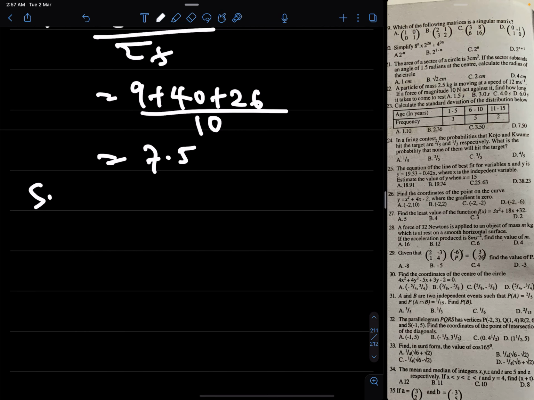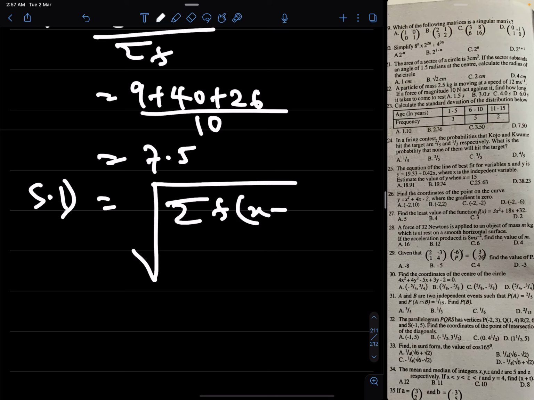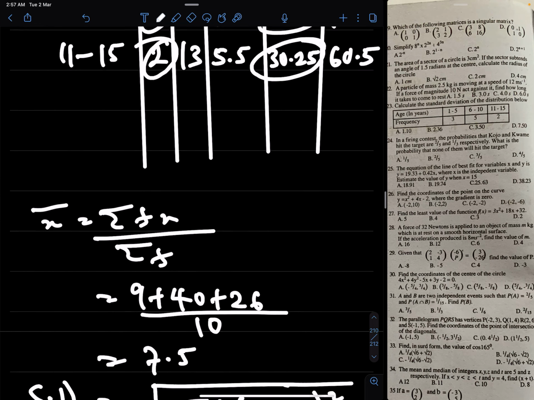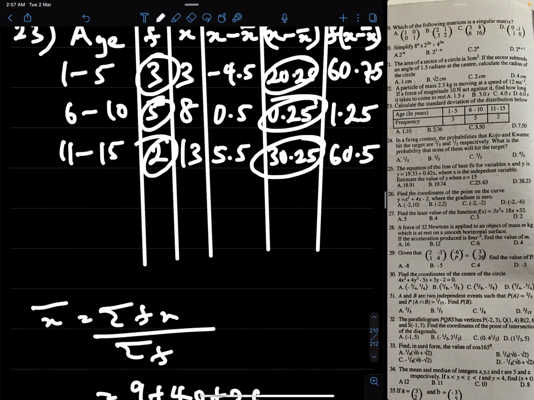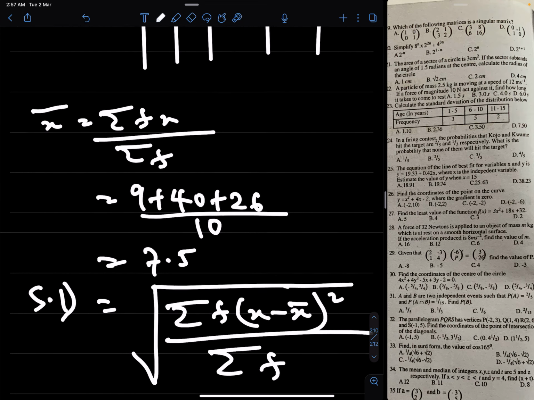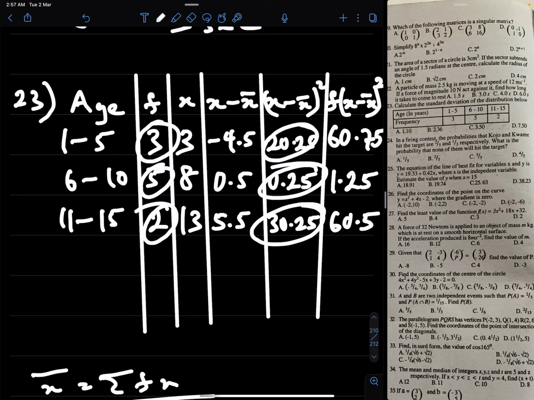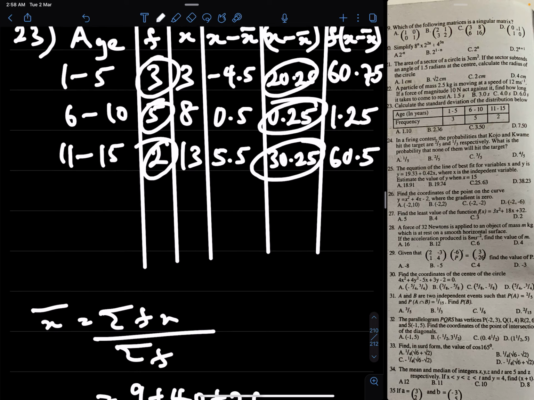Standard deviation SD is given by the formula square root of summation f times x minus mean all squared, divided by summation f. So the total of the last column is 60.75 plus 1.25 plus 60.5, and that's 122.5.